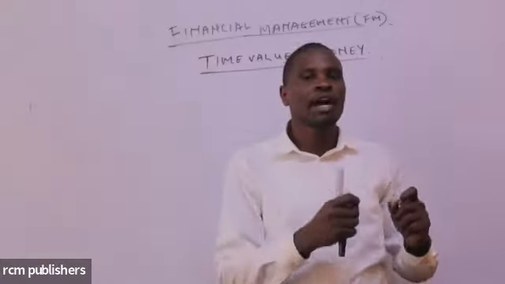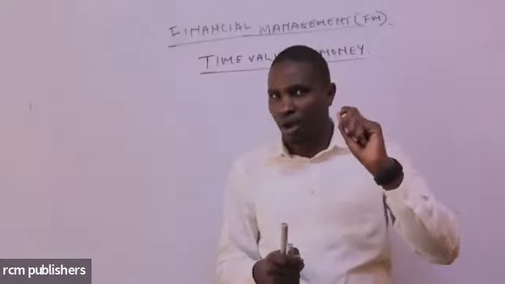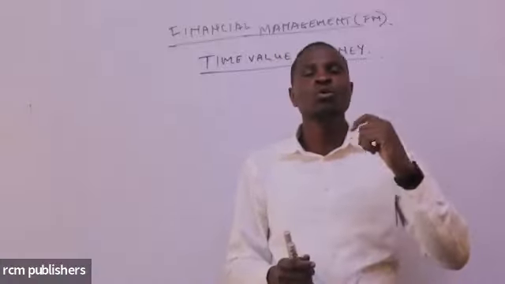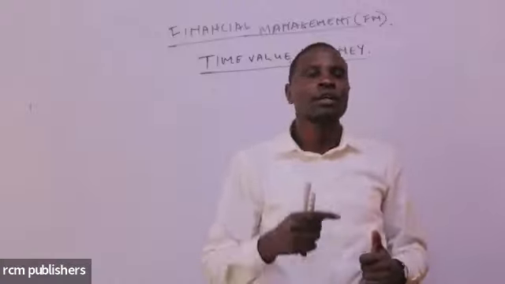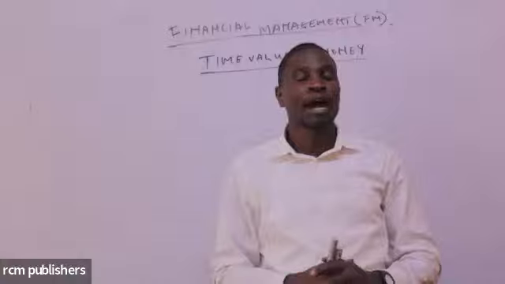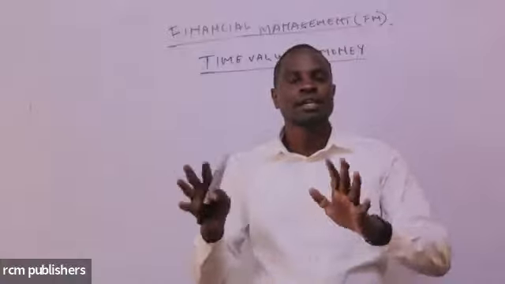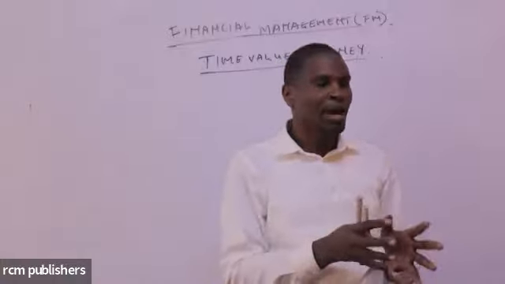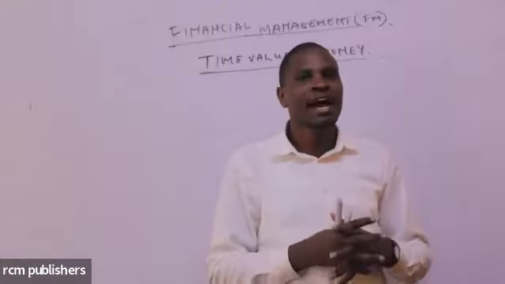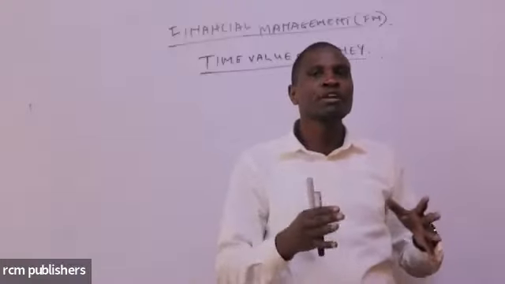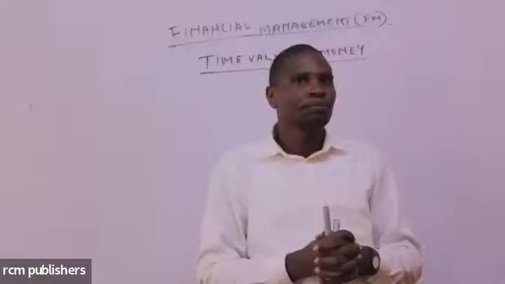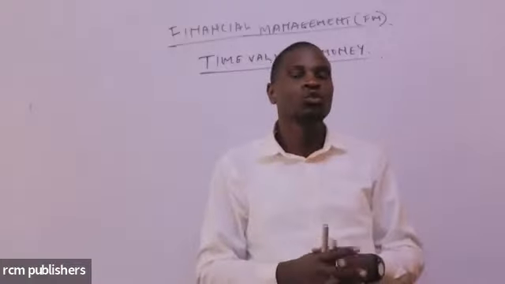The items I'm going to buy with that 1,000 will be more compared to somebody who will take the same 1,000 on 2nd February and go to the same supermarket and try to buy the items that I had bought. They are going to get fewer items because the value of money today is worth more than the value of the same amount of money tomorrow.